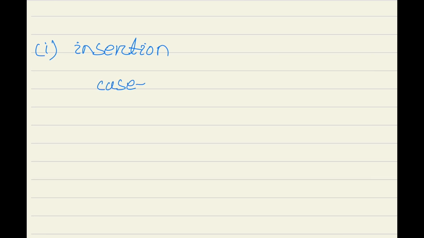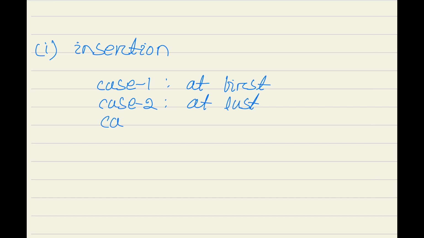Like we have discussed in single linked list, the methods we can consider like insertion, and for insertion there are three cases: case 1, insertion at first or insert at beginning, and case 2, insert at last or insert at the end, and we can consider another case for insertion, that is insert at a given position, or we can say insert in the middle. Middle means not exactly middle, that is any given position.